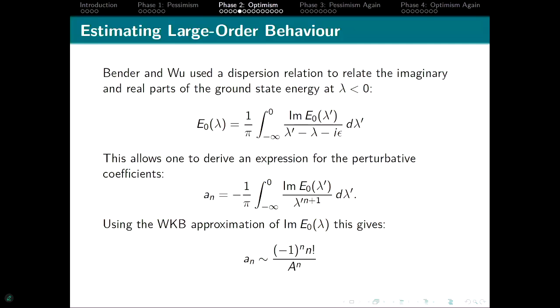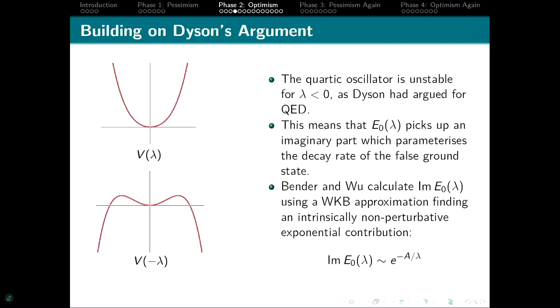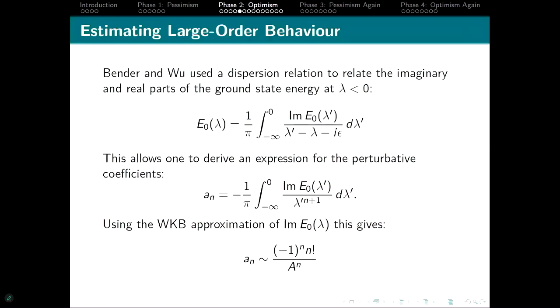So this A here is the coefficient on this intrinsically non-perturbative contribution to the ground state energy. The idea here is that the tunneling effect, this tunneling from a false vacuum or false ground state to the negative energy, is not captured within perturbation theory at each order.